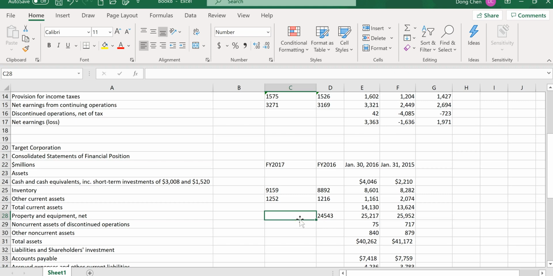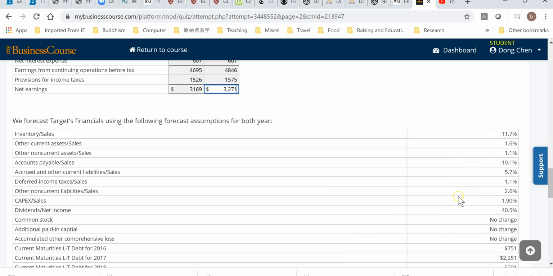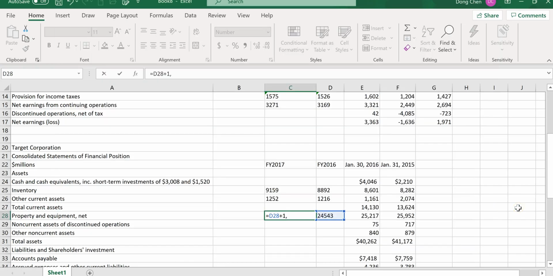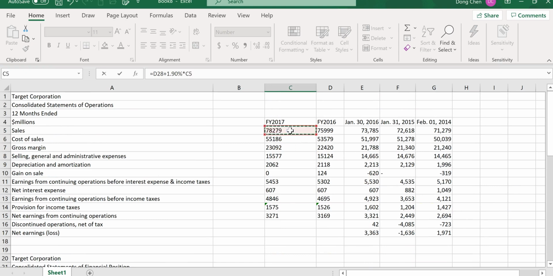We can also use the same method to figure out net PPE for 2017. So it's current net PPE plus forecasted capital expenditure, right? Forecasted capital expenditure will be, again, let's check the capital expenditure divided by sales. That's 1.90%.